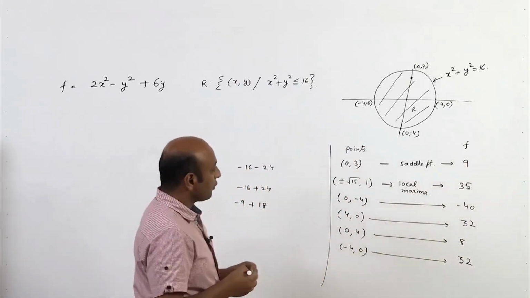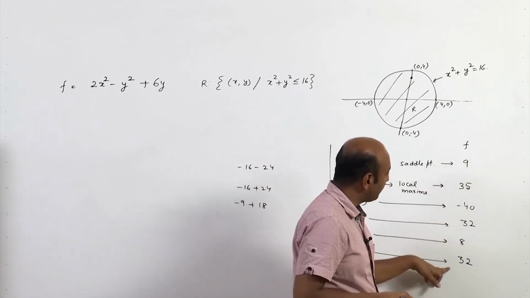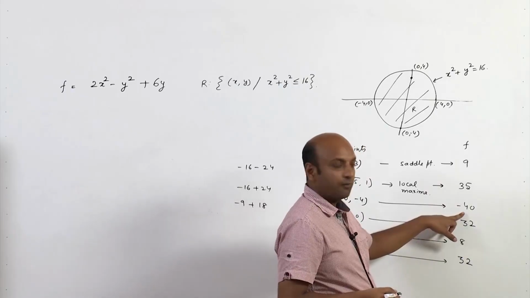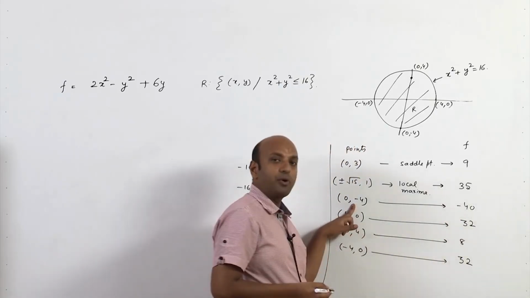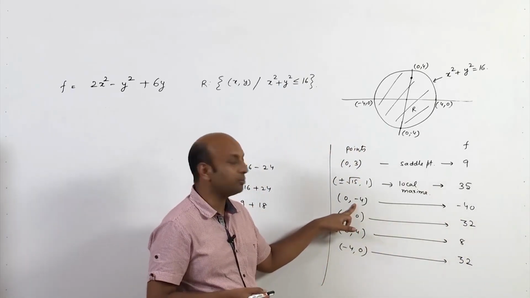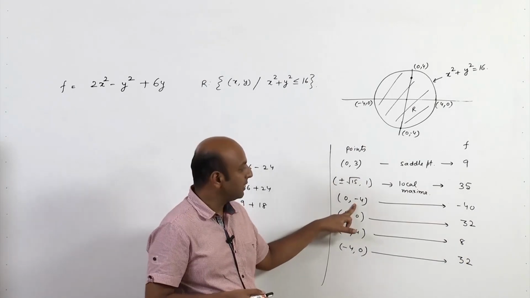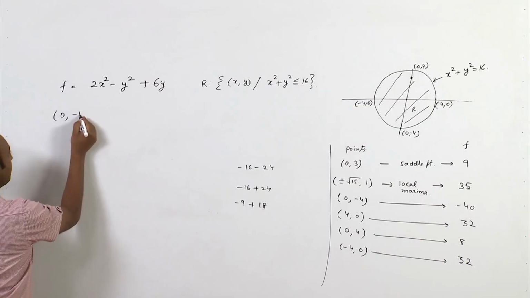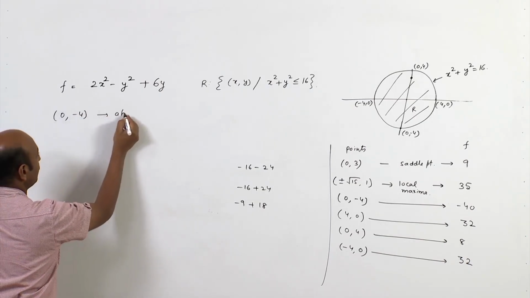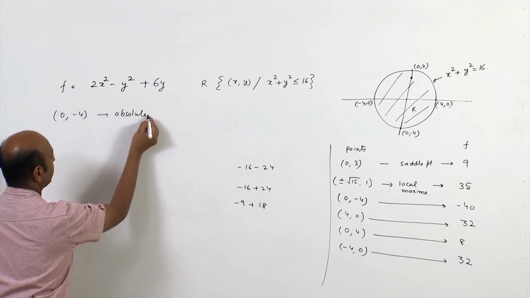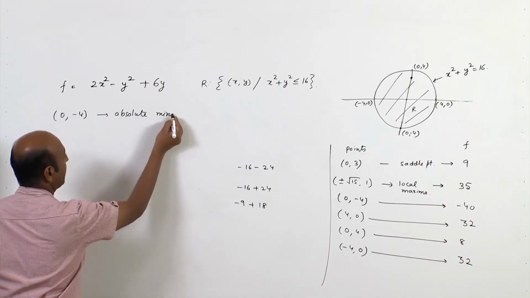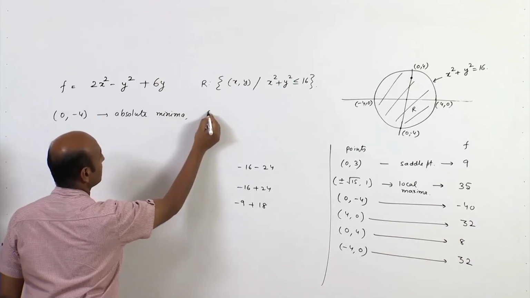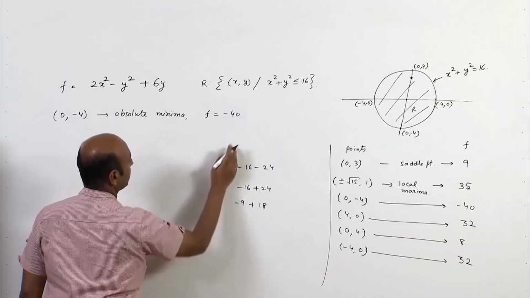Now, from all these points, the minimum value of f is minus 40, which is at this point. So, this point is a point of absolute minima. So, 0 comma minus 4 is a point of absolute minima, and the absolute minimum value is minus 40.